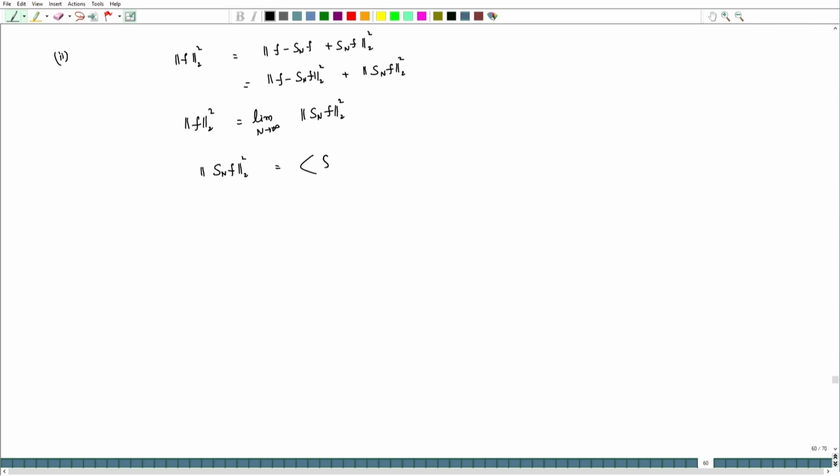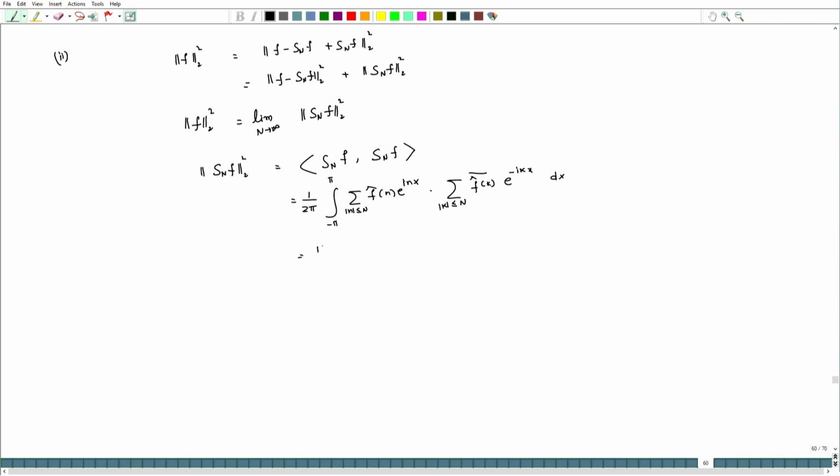This is by definition the integral of S_n f times the conjugate of S_n f. So, writing down, this is the integral from minus pi to pi of the summation over mod n less than or equal to n of f hat of n e to the power i n x, into the summation over mod k less than or equal to n of f hat of k bar e to the power minus i k x, dx, and all these are finite sums.